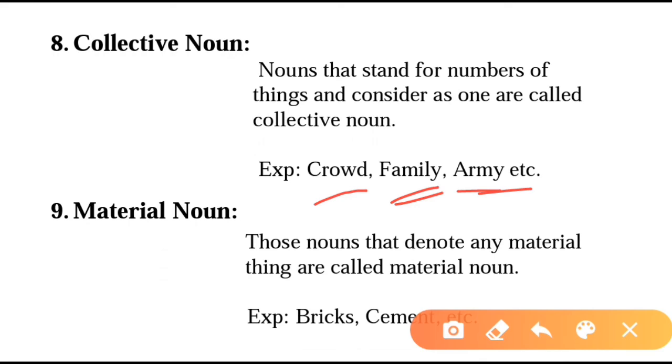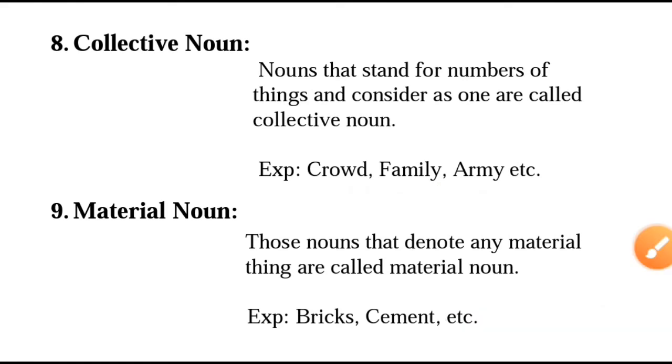So a collective noun is a single noun that stands for a number of members, more than two. In a crowd, a family, and an army, there would be a large number of people. This is how you make a collective noun.